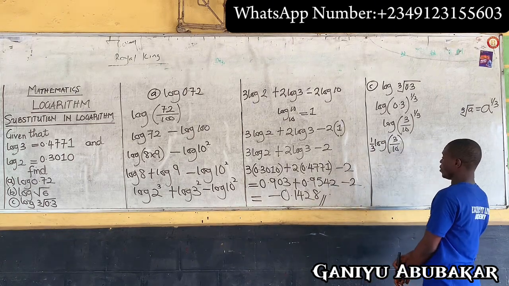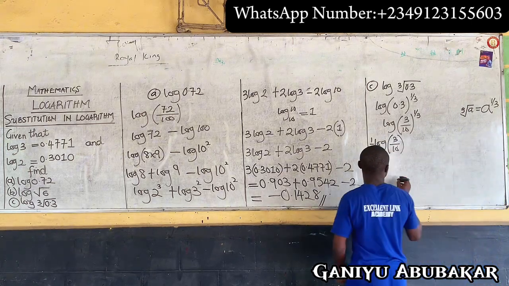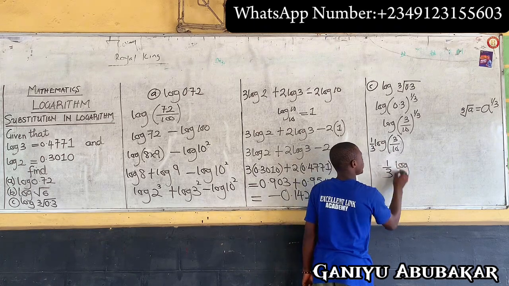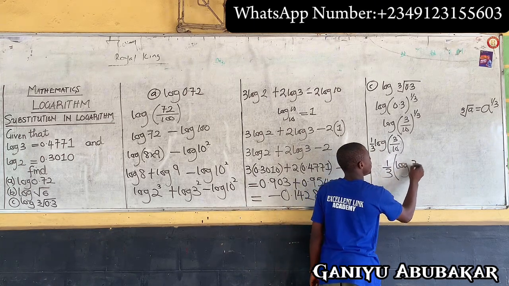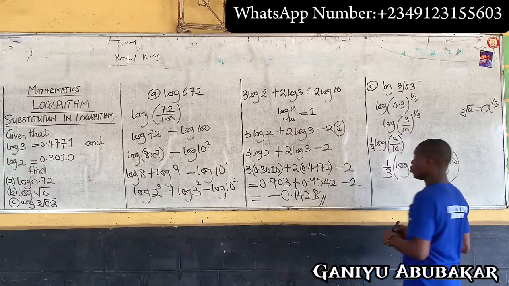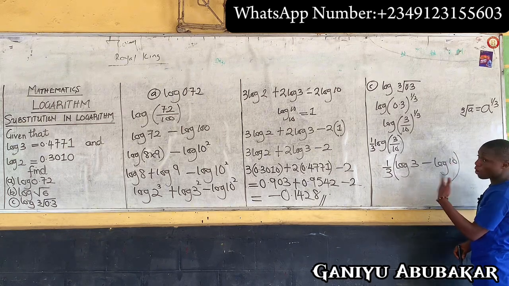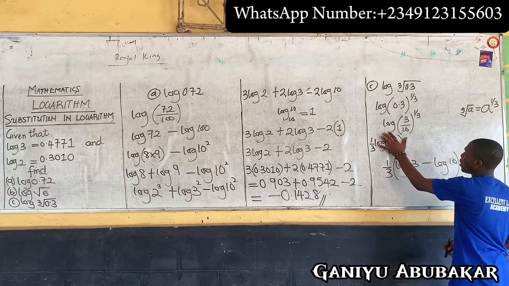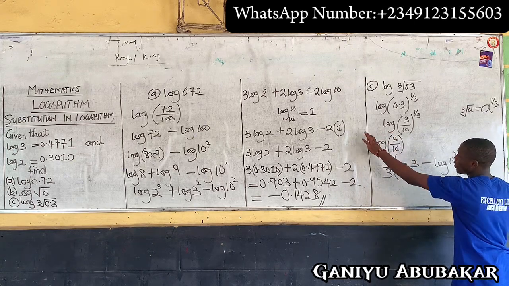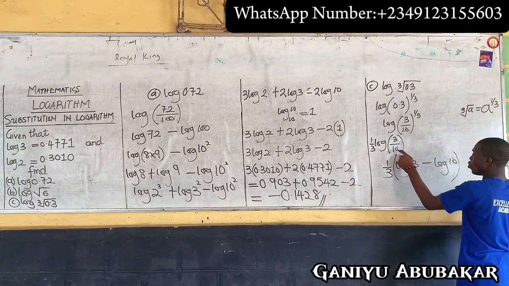So I have this. Basically, if I have log of 3 over 10, what does it mean? This becomes 1 over 3, log 3 minus log 10. If I take this back to our normal concept, I should be having 1 over 3, open a bracket, log 3 minus log 10.